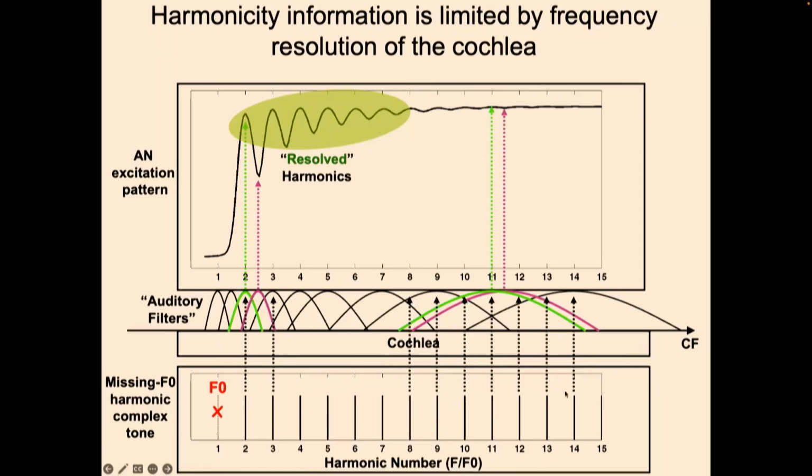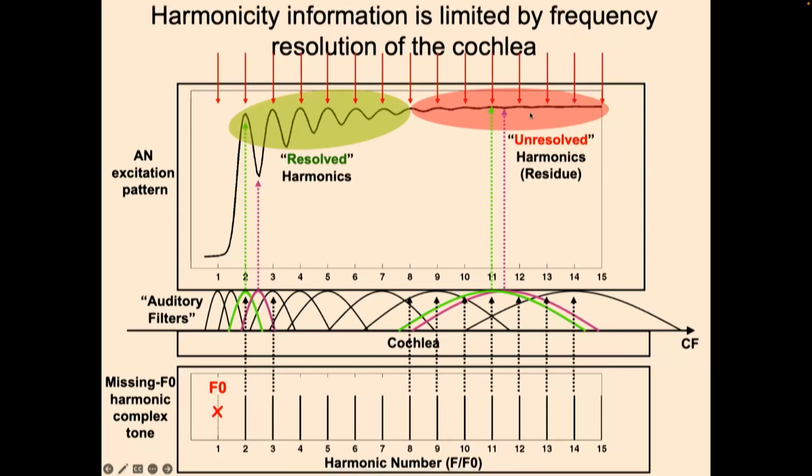And so the consequence is that the responses of different filters vary quite minimally, okay? So even though you have a harmonic here and a harmonic here, there's very little variation in the response, okay? And so this regime is classically referred to as being unresolved, right? So you're not able to resolve the individual components because of the coarseness of the tuning of the filter.